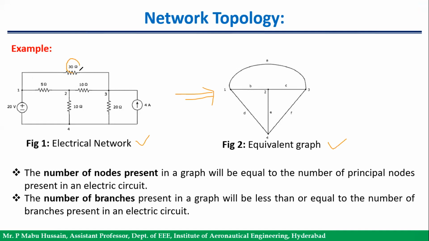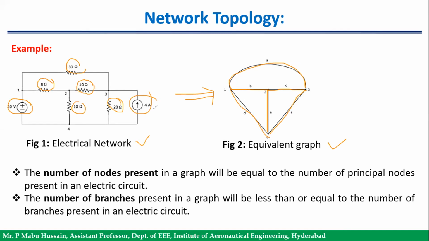This 30 ohm will be represented by line segment A, this 5 ohms by line segment B, and 10 ohms by line segment C. This voltage source of 20 volts is represented by line segment D, and this 20 volts will be represented by line segment F, and this current source will be open circuited.